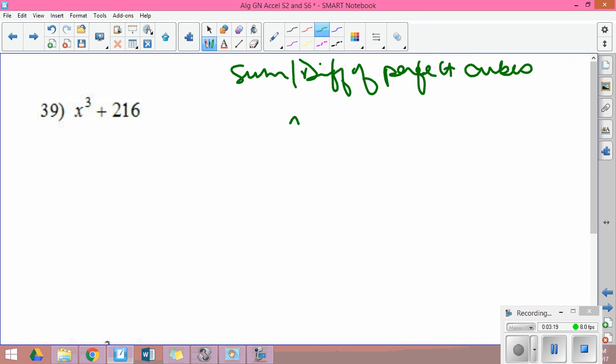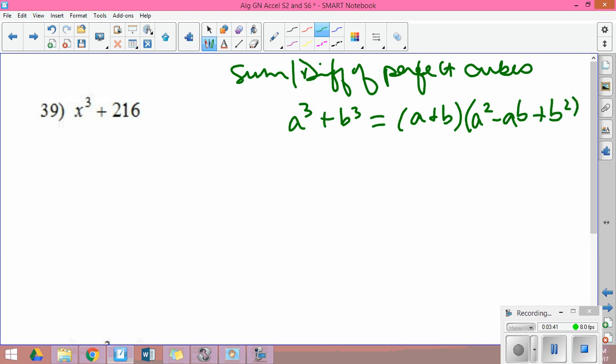And so if I have a cubed plus b cubed, it will always factor into a plus b times a squared minus ab plus b squared. And if I have the difference of a cubed minus b cubed, it will factor into a minus b, a squared plus ab plus b squared.